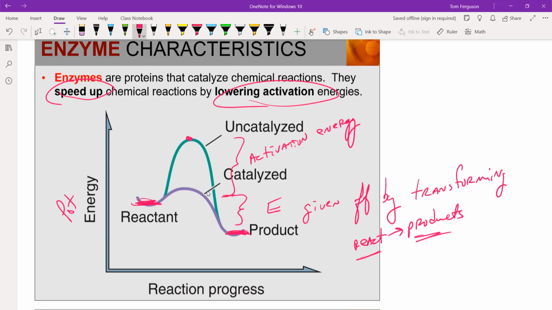And this piece here is called the activated complex.